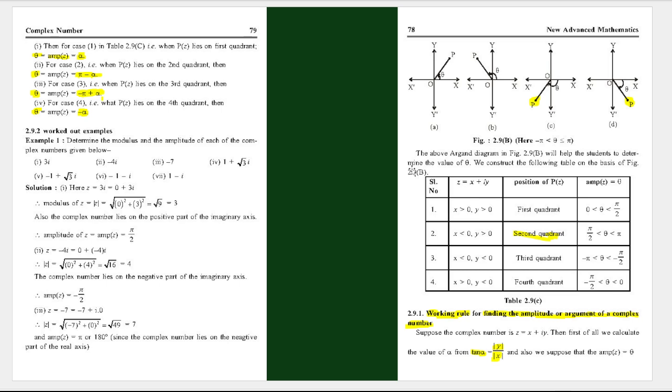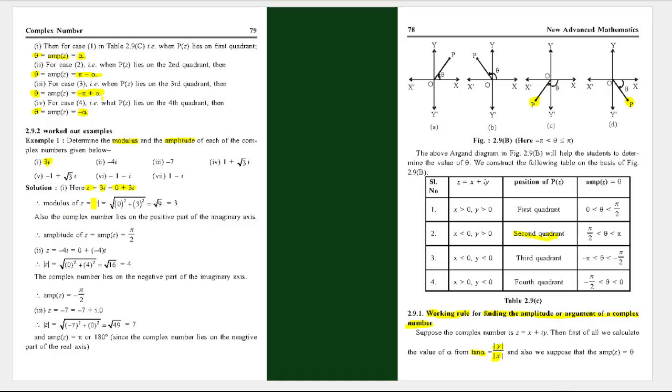So now some worked examples. Let's see. We need to find the modulus. This was done before also. Then we need to find the amplitude, the argument. First is 3i. So the complex number is 0 plus 3i, right? So 3i can be written as 0 plus 3i.